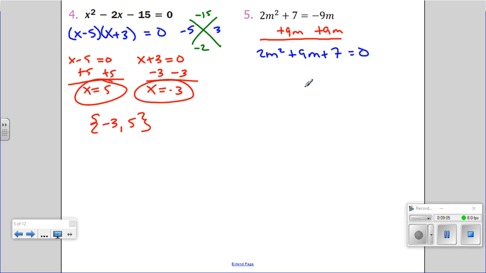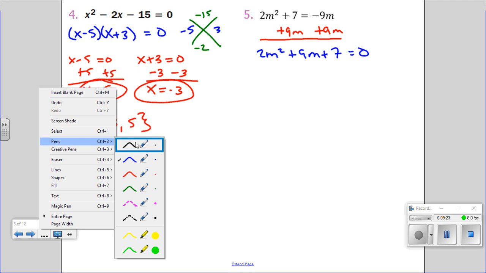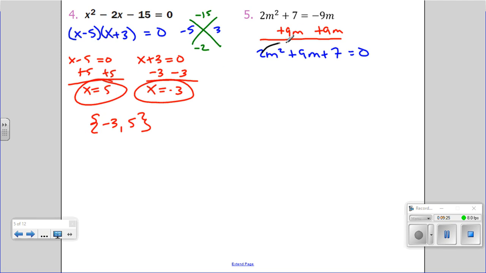Now we factor. Before we can factor, check to see if there's a GCF. So the numbers are 2, 9, and 7. They don't have any common factors, so there isn't a GCF at this time. Now we're going to slide and divide. So slide our 2 over with the 7 would leave us with m squared plus 9m plus 14.